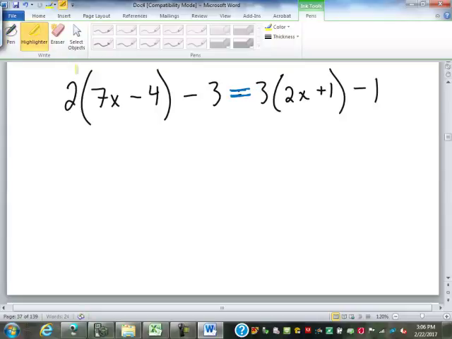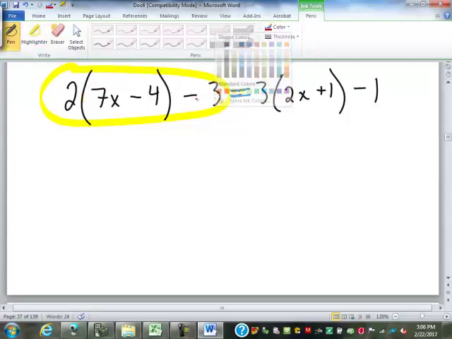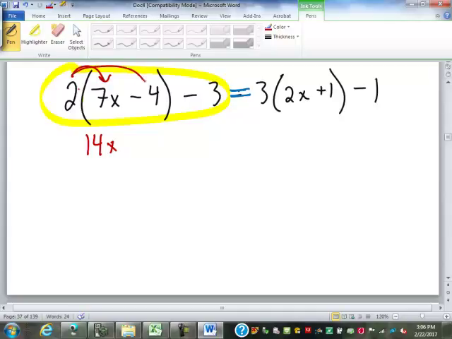So I'm going to start by working on the left side. I'm going to multiply by the 2. So 2 times 7x is 14x. 2 times negative 4 is negative 8. Now we still have the negative 3.